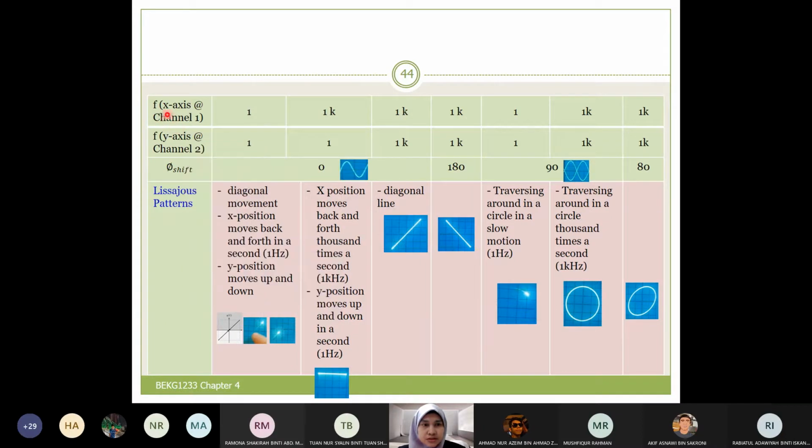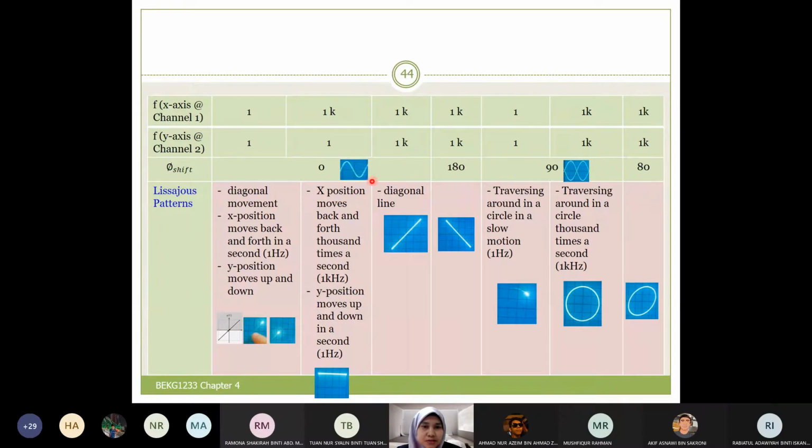Let's say the x-axis is represented by channel 1 and the y-axis by channel 2. If the frequency for channel 1 is 1 Hz and channel 2 is 1 Hz, and the phase shift is equal to 0, meaning that the two sine waves are in phase.